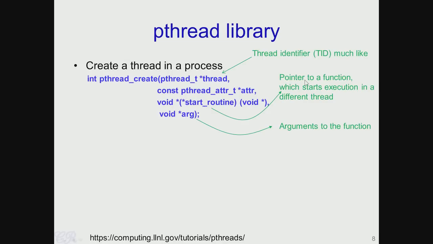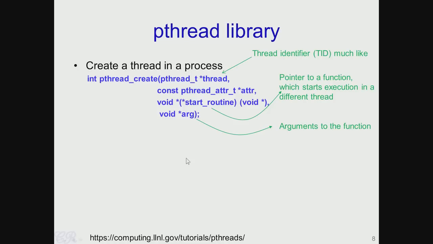So, this function will start to execute in a different thread. The last argument for pthread_create is arg, which is a pointer to the arguments to this start_routine function. In the next couple of slides we will see examples of how to use pthread_create and also examples of the other functions in pthread.